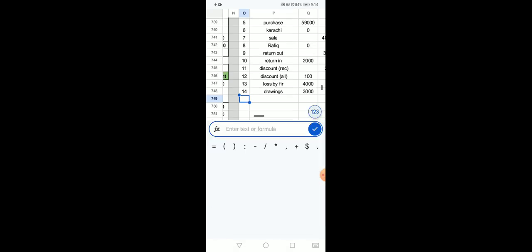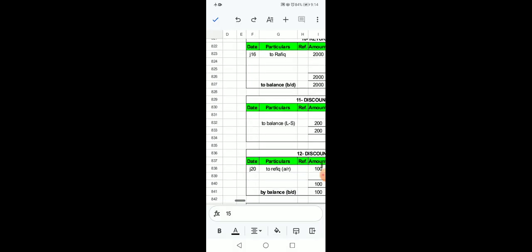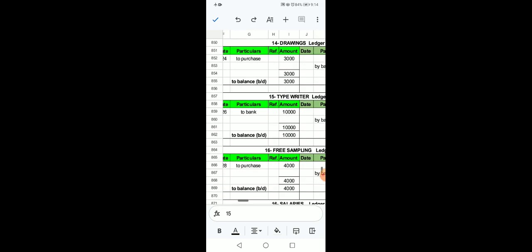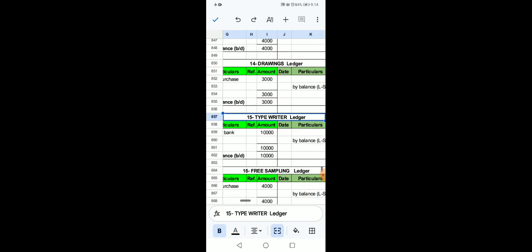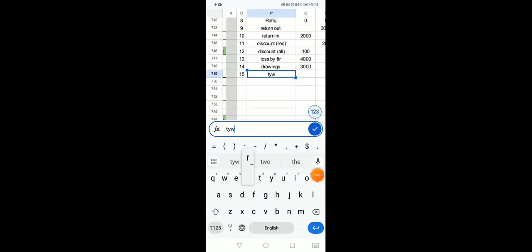Alright, now it's time to see your 15th ledger. Go downward and see the 15th ledger. It is for typewriter. Come to the trial balance and write down the title, which is typewriter.